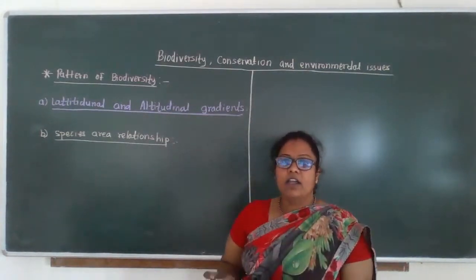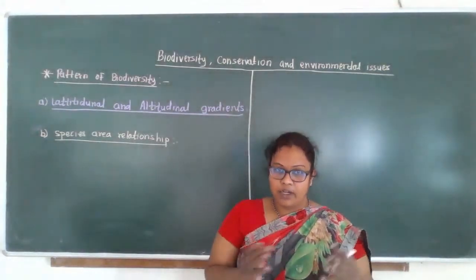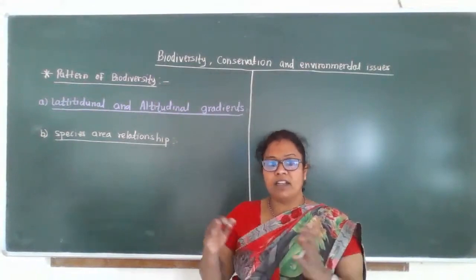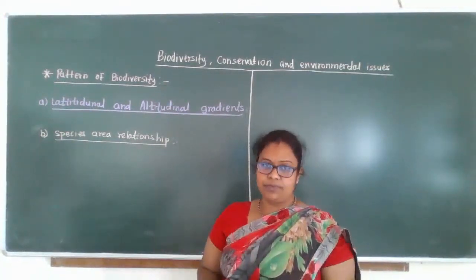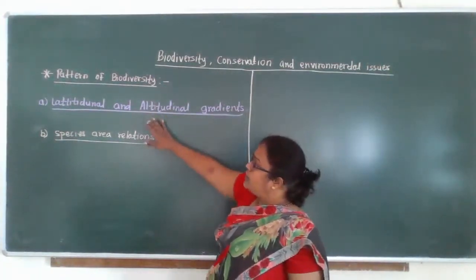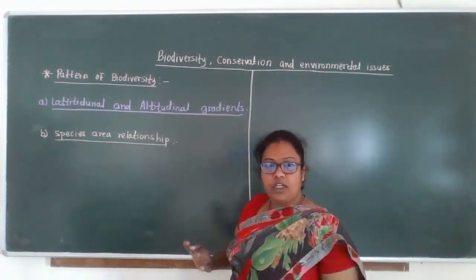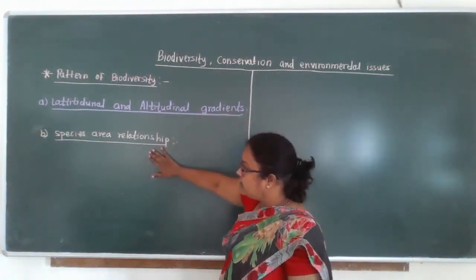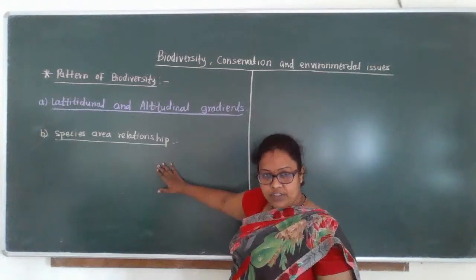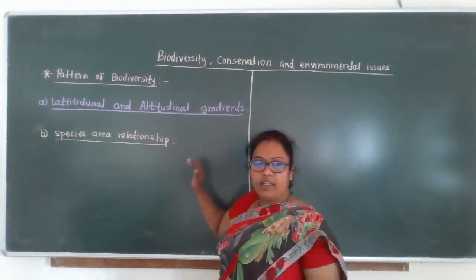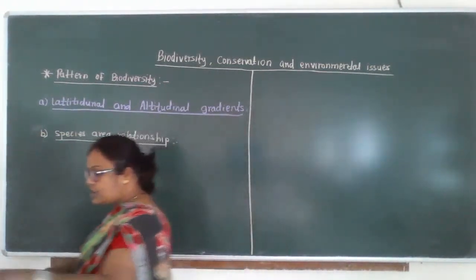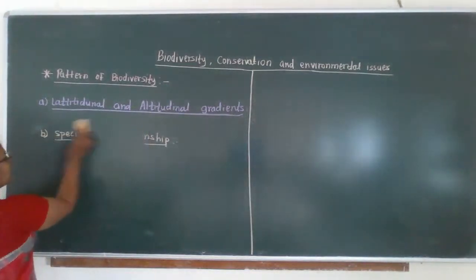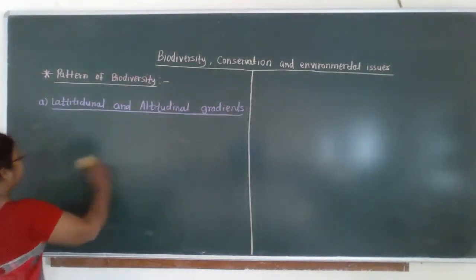At some sites it is maximum, and in some areas it is less. So the first one is the latitudinal and altitudinal gradient, and the second one is the species area relationship. Now we are going to study it in detail. So the first one is the latitudinal and altitudinal gradient.